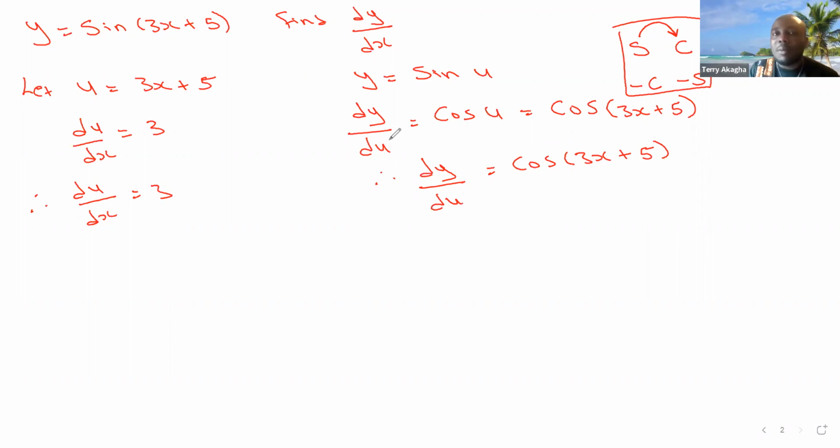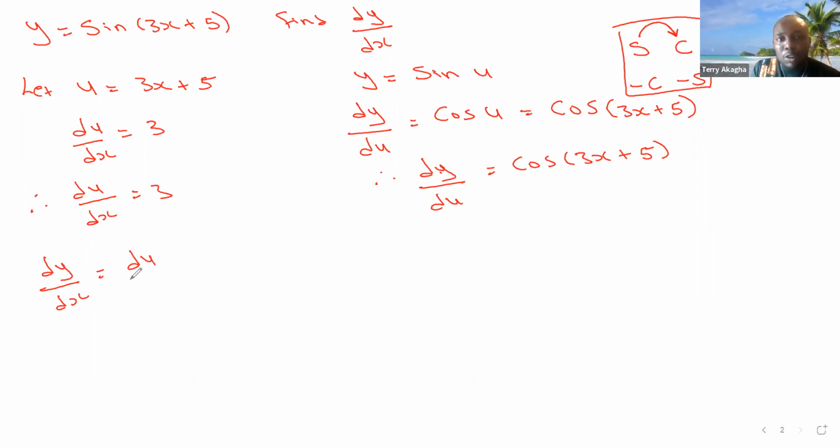But the question is not asking me to find du/dx, or dy/du. It's asking me to find dy/dx. If you look at it closely, if I multiply du/dx by dy/du, it should give me dy/dx.